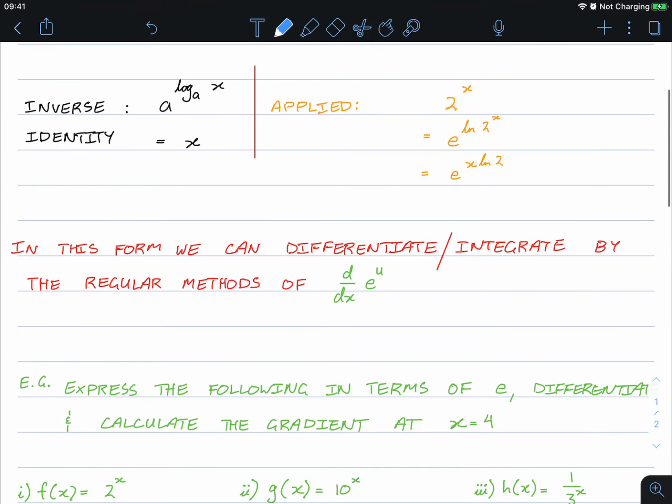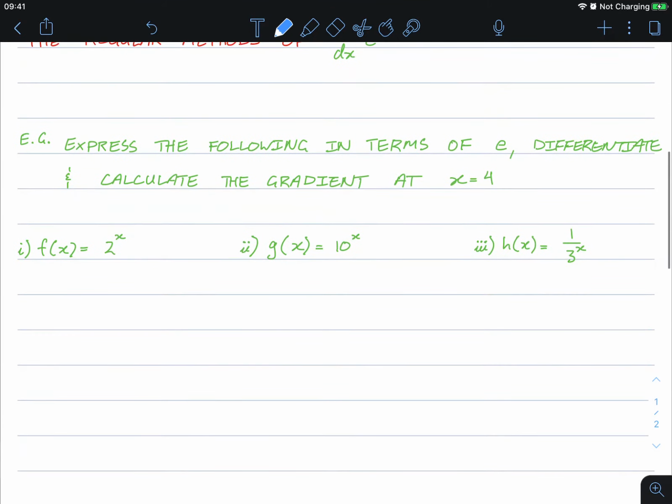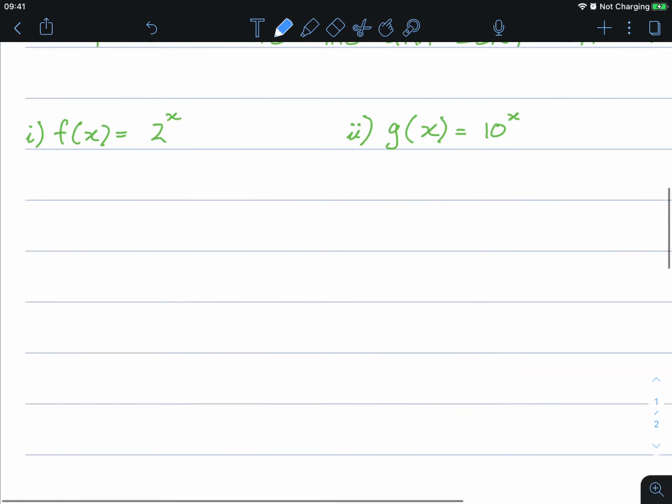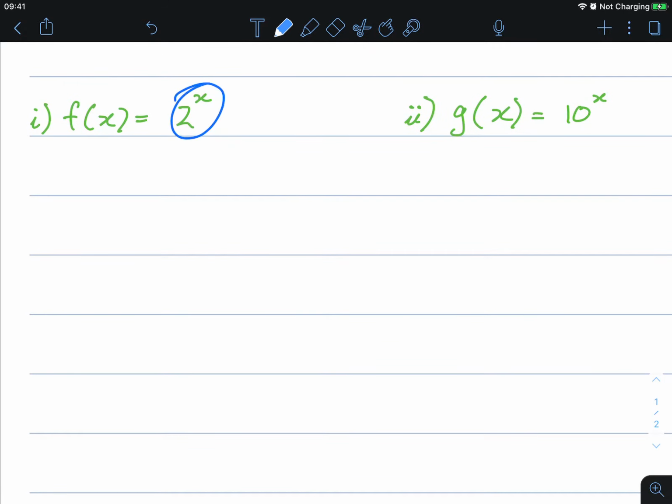In this form we can differentiate or integrate by the regular methods of d dx, e to the power of u. So I'm going to demonstrate this using these 3 examples. Here we go. First we need to change this expression, and I'm going to do this in steps so you can follow along. f of x equals, I'm going to take the natural log of 2 to the x, and then by log laws, the x becomes the coefficient.